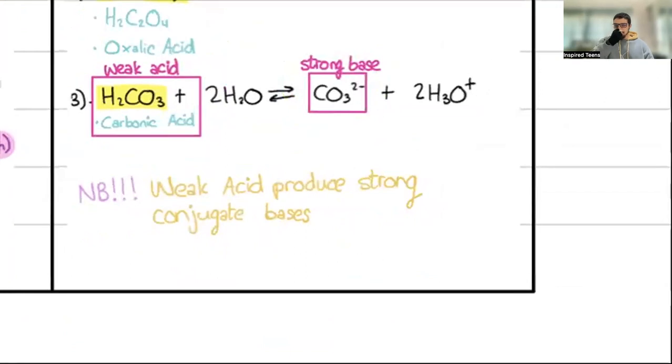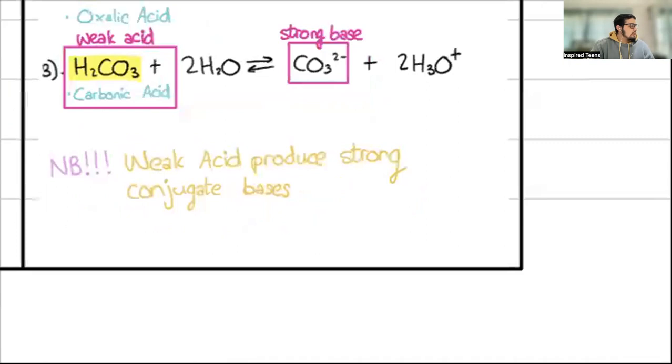Like for example, it could react with a metal such as, give me a periodic table, such as magnesium, or even calcium. We could have CaCO3.